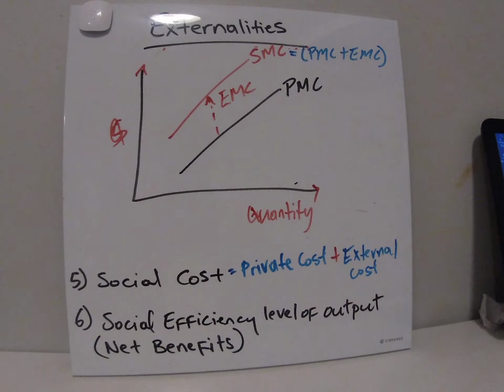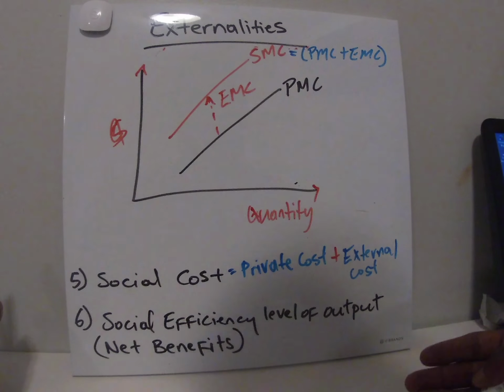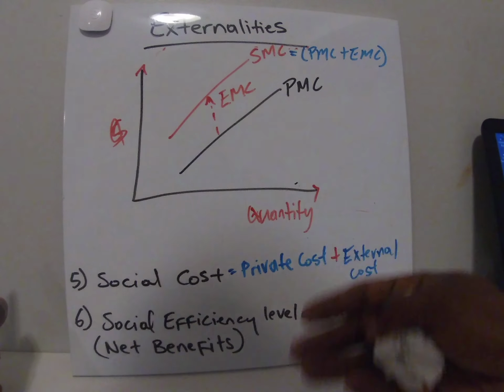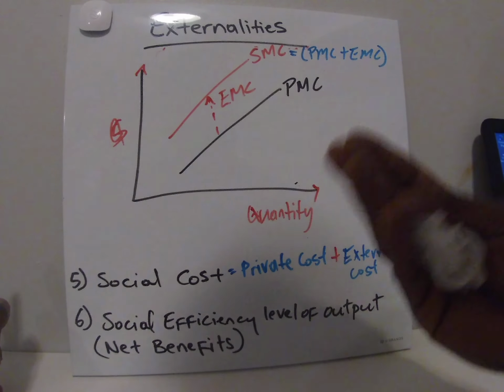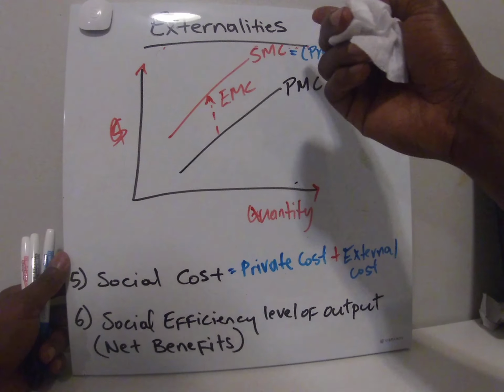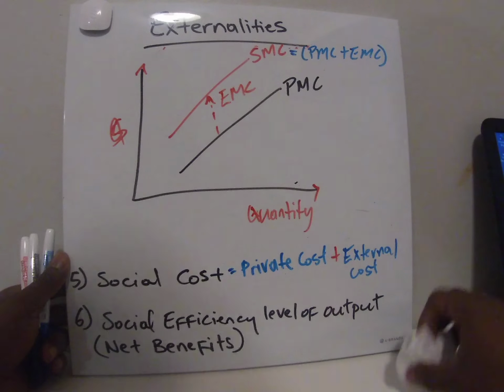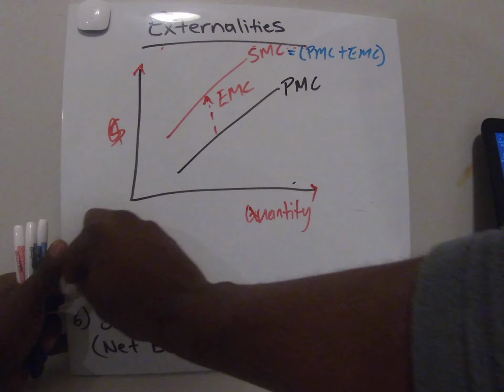Remember, social costs has to do with the private costs plus external costs. Here we have PMC, which is the private marginal cost because it's additional costs, and then the social marginal cost, which is the additional cost that is borne.